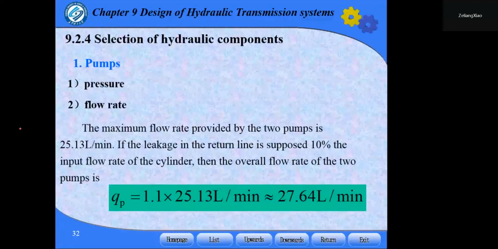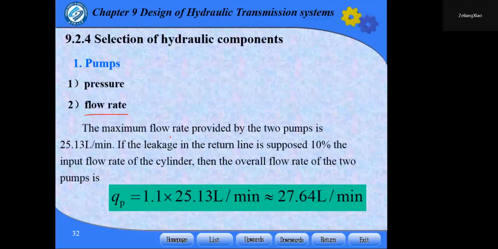The pressure is the maximum working pressure of the cylinder, described in the previous section. In this section we should calculate the flow rate.